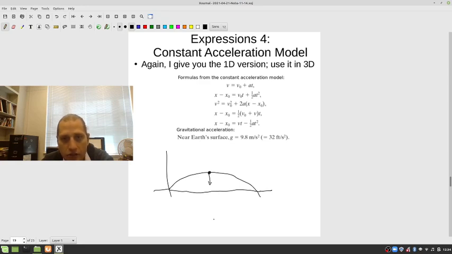In the x direction, I can treat that motion essentially independently, and my acceleration in the x direction would just be 0. And so I treat the x and the y motion as essentially independent, and in the x direction my motion is unaccelerated. In my y direction the motion is accelerated.